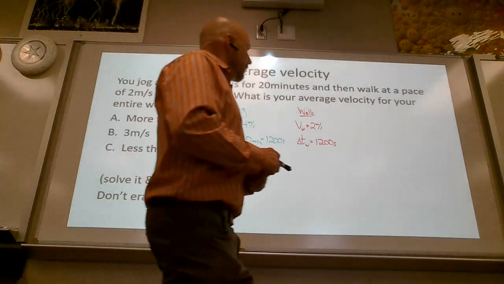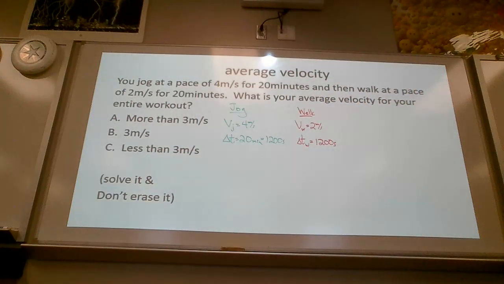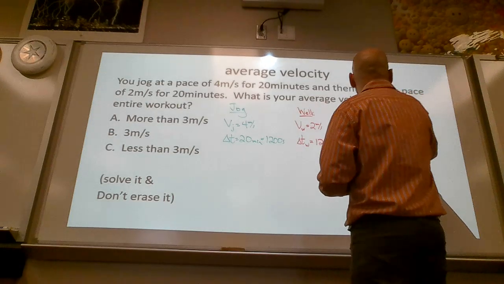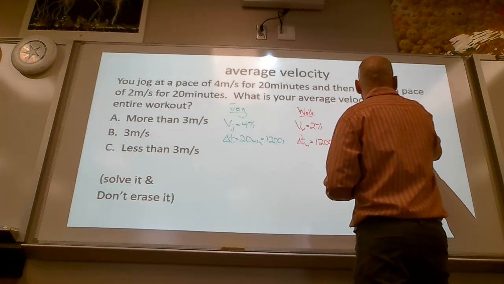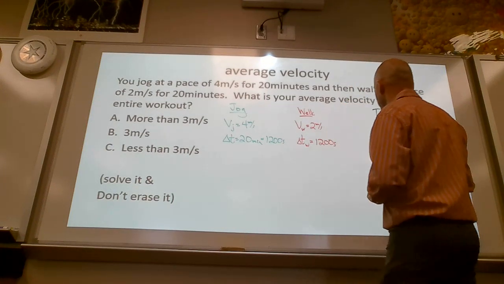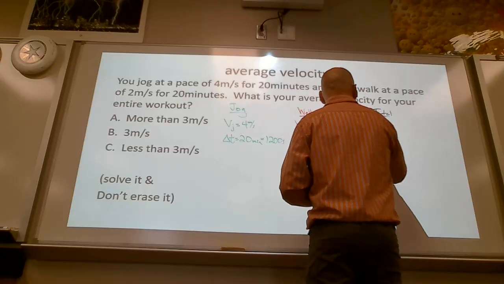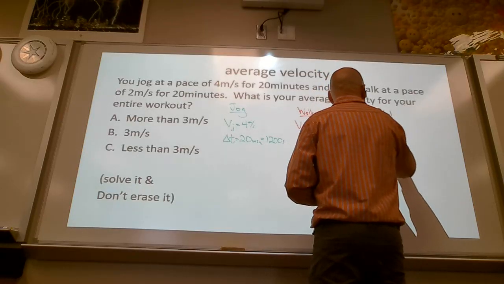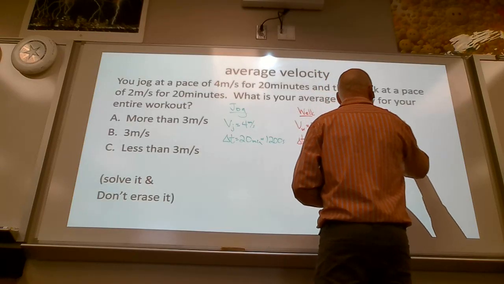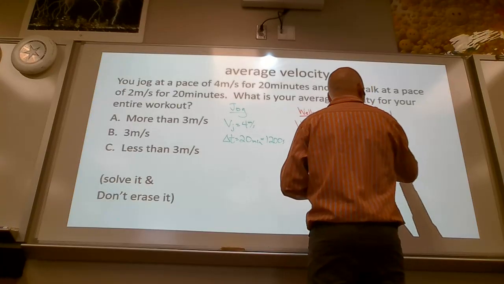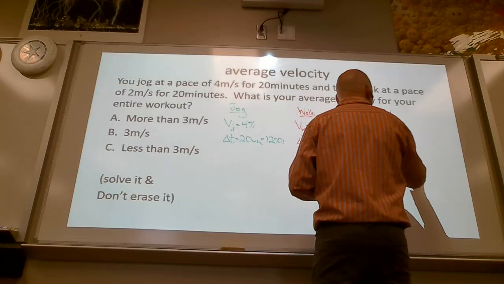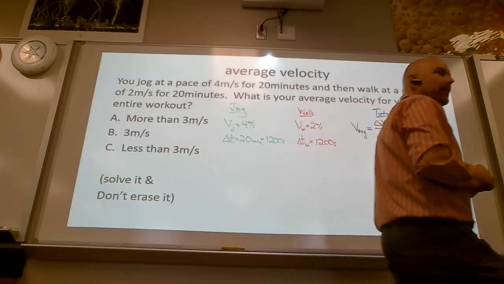Now, we've organized the stuff that we've been given. Now we're looking at, okay, what am I looking for? What is the average velocity for the entire workout? Interesting. That looks at the total, the entire workout. So average velocity, that's equal to your total displacement of the entire workout over your total time of the entire workout.